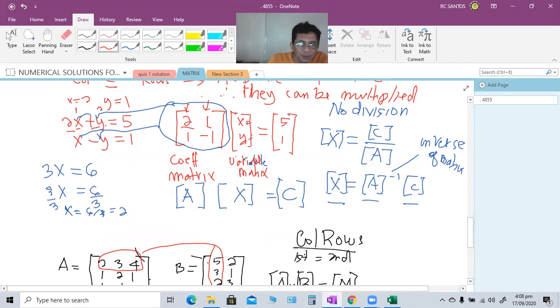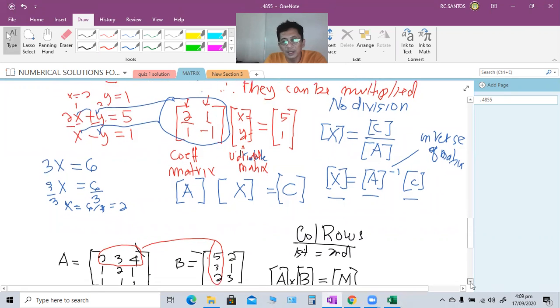Dapat dalawang rows, kasi yung dalawang coefficient mo, dalawang rows. Column, rows. Halimbawa, sobra ito. Halimbawa, may z ka pa, wala nang i-multiply na number. So, dapat partner-partner. So, technically conformable. So, 2 to x, 1 to y. So, dapat walang sobra o walang kulang. So, the same with here, ganon din ang application niya.